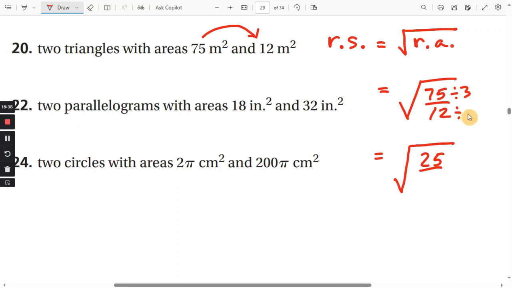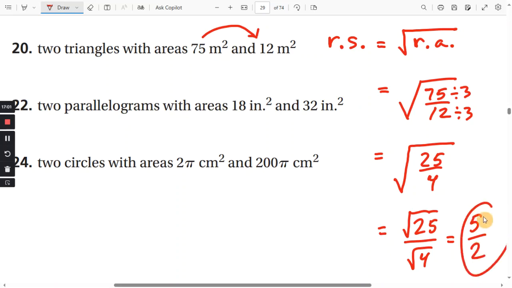And 12 divided by 3 is 4. And now we're in business. Okay, when you take the square root of a fraction, you do the top and bottom separately. So it's going to be the square root of 25 divided by the square root of 4. Square root of 25 is 5. Square root of 4 is just 2. So that is your final answer for number 20.